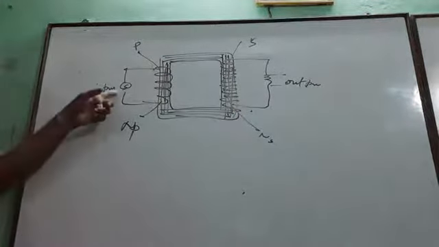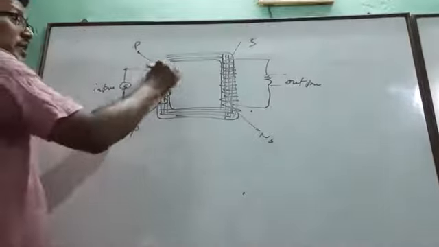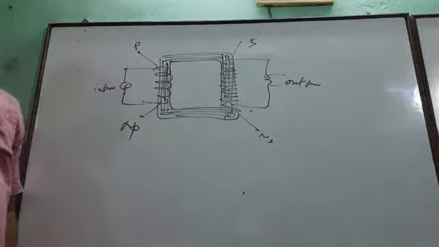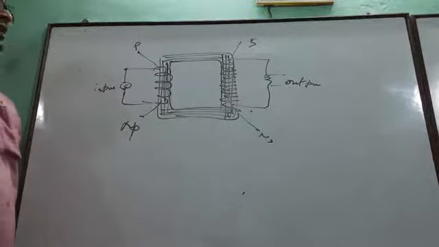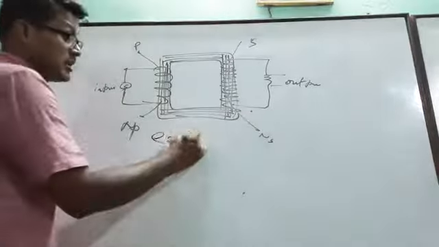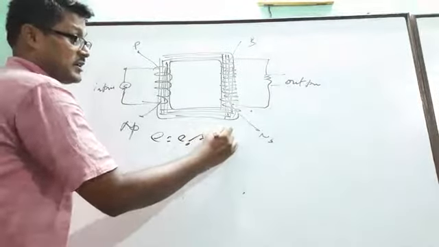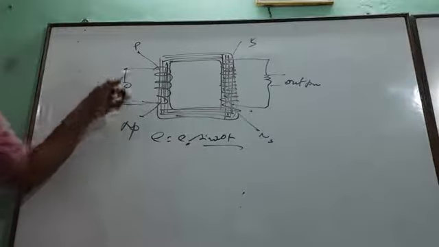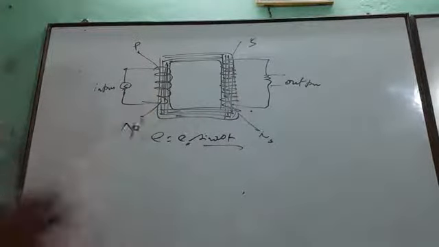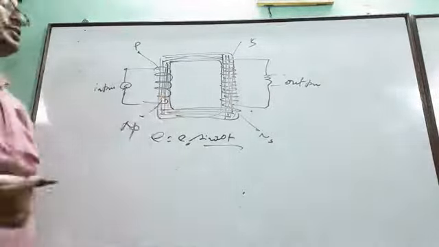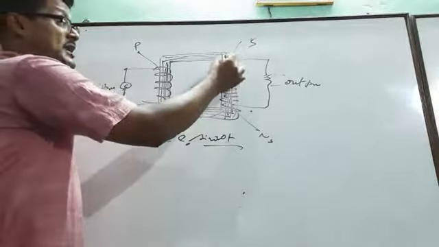As AC voltage is supplied here, the flux generated by the primary coil will change instantaneously, because E equals E0 sin omega t. So the EMF varies with time, the flux also varies with time, and this variable flux goes through the soft iron core and induces an EMF in the secondary coil.